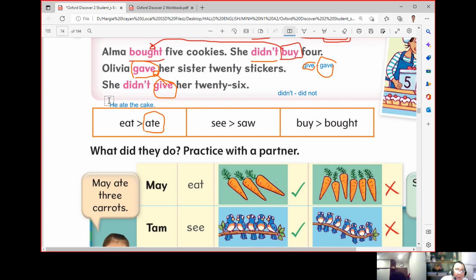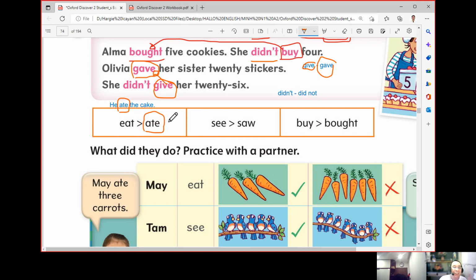Now, try to look at our sentence in here. He ate the cake. Do you think our verb here, ate, is in the past tense or in the present tense? In the past tense. Very good.